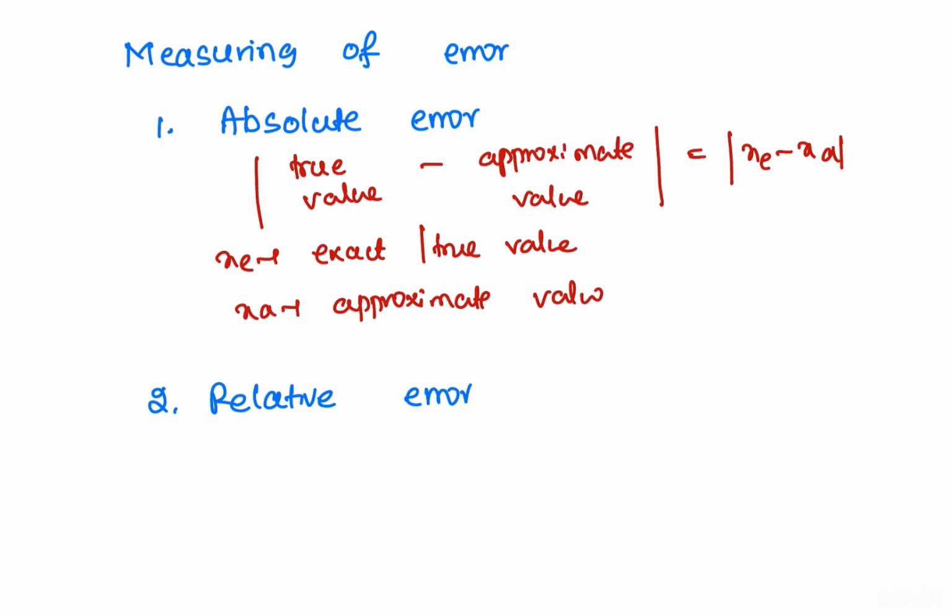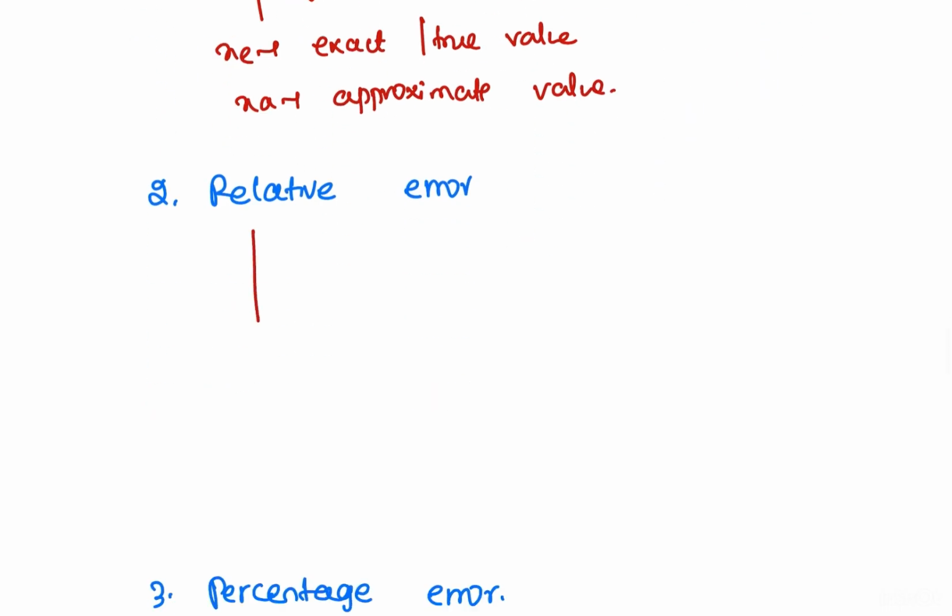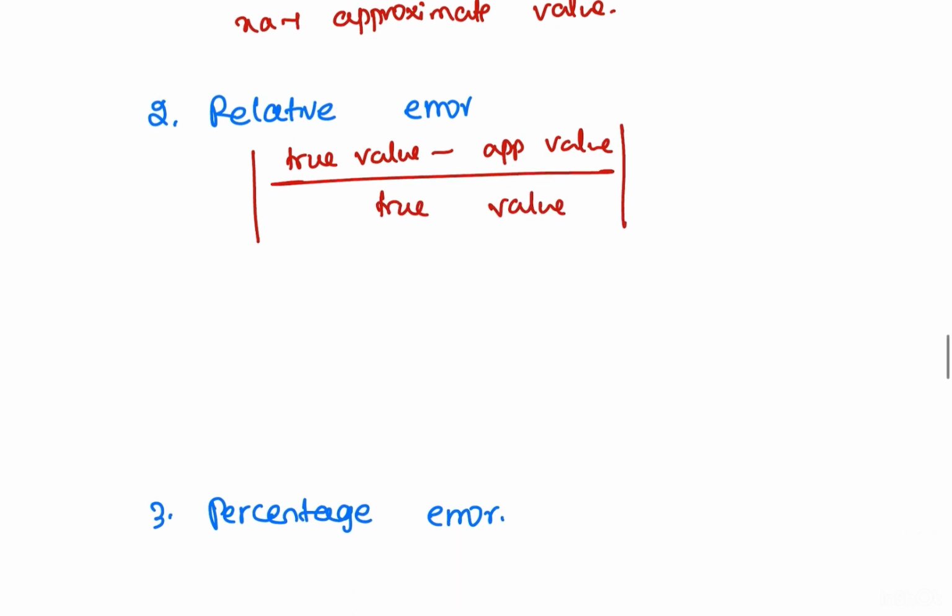Now relative error. Relative error is the ratio of the true value minus approximate value divided by the true value. We can write it in terms of x as xe minus xa divided by xe. This is relative error. Now percentage error: multiplying the relative error by 100 gives the percentage error.